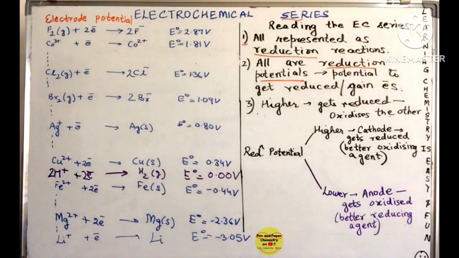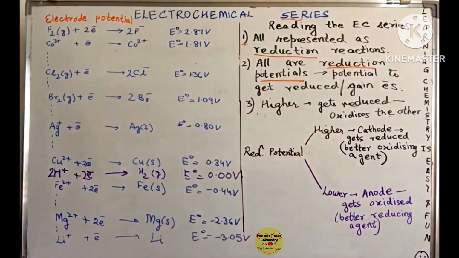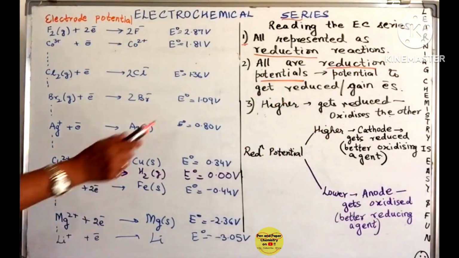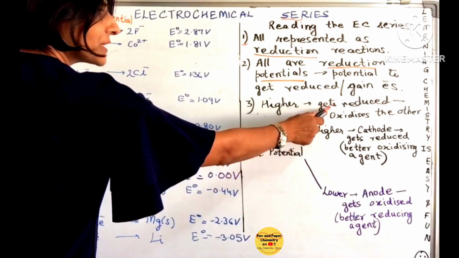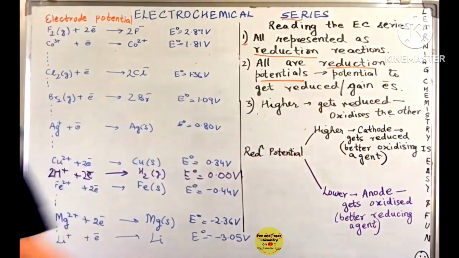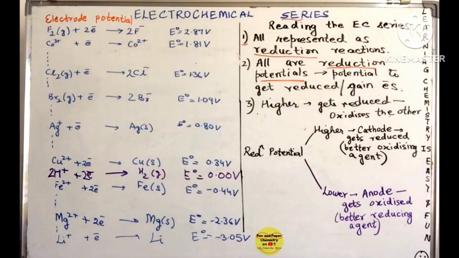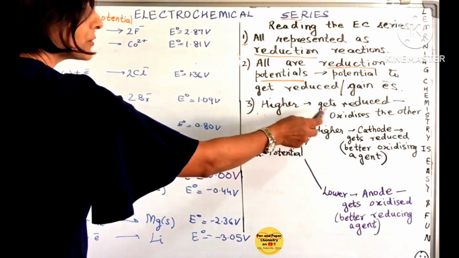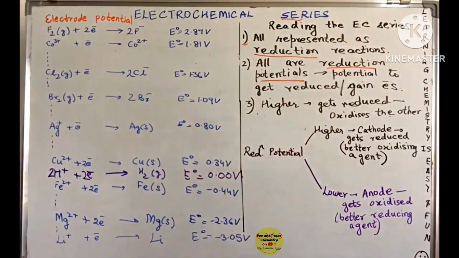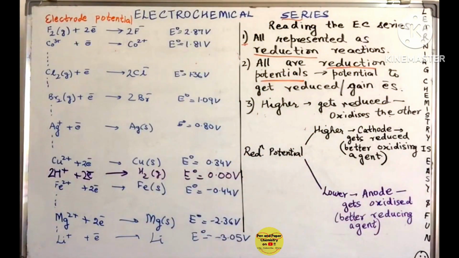In other words, if it is itself getting reduced, it will oxidize the neighbor very easily. So, higher the reduction potential, more is the capacity to get reduced, better it is as an oxidizing agent. If itself it is getting reduced, it will oxidize the other substance more easily.